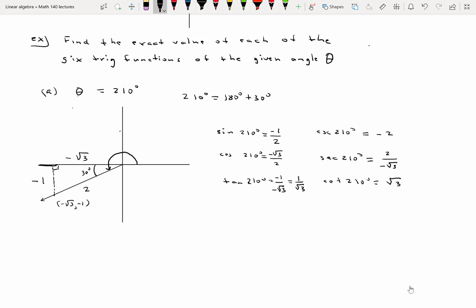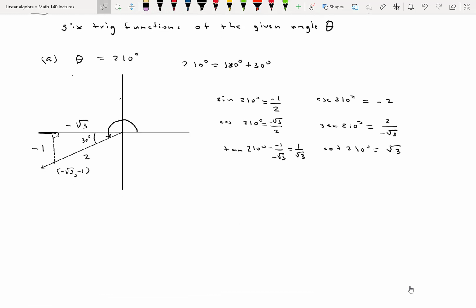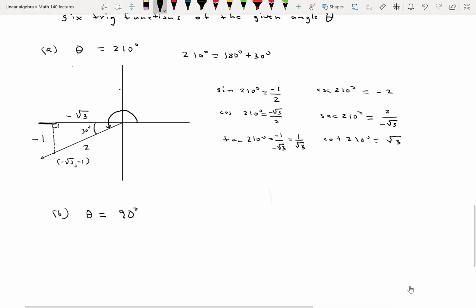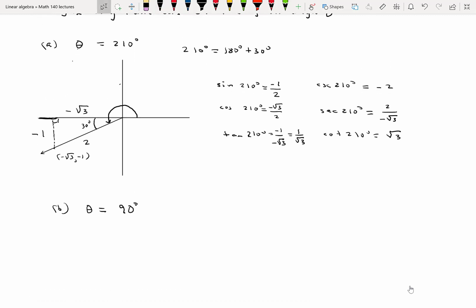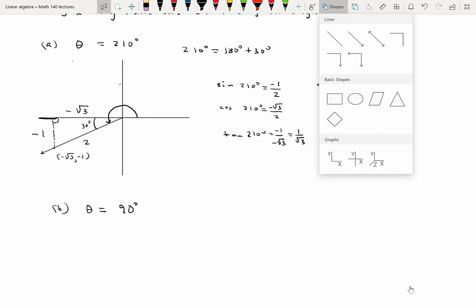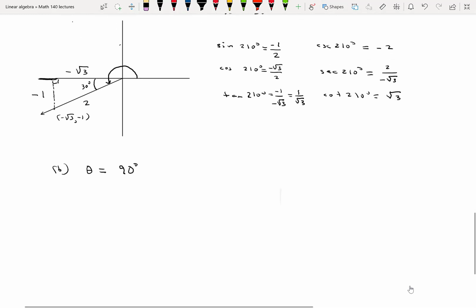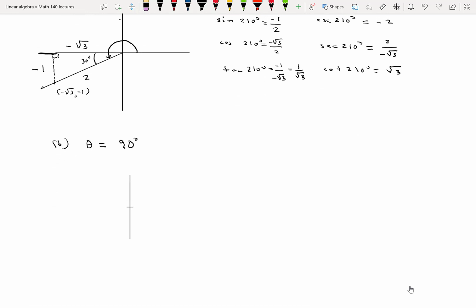Okay. Let's do another one. B. I want the values of the 6 trig functions of, let's say, the angle 90 degrees. 90 degrees. That was unheard of before. Before this, with our previous definition of the 6 trig functions, this was completely unheard of.